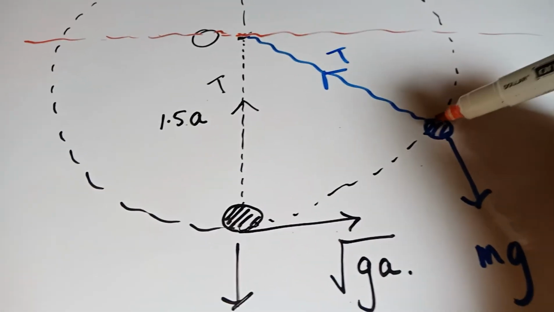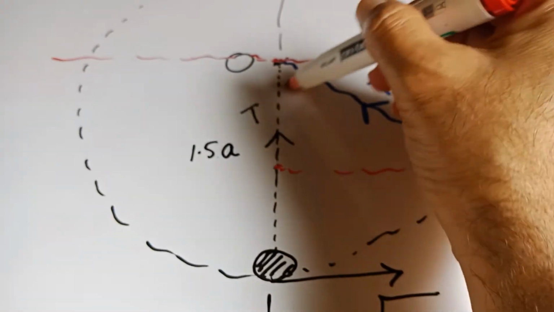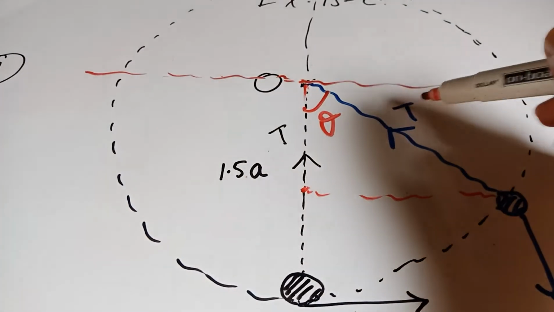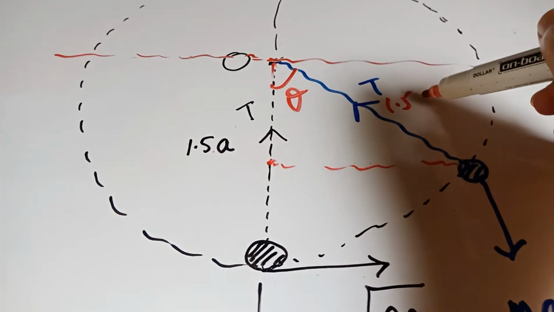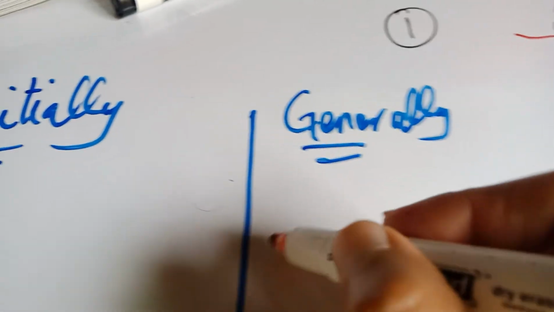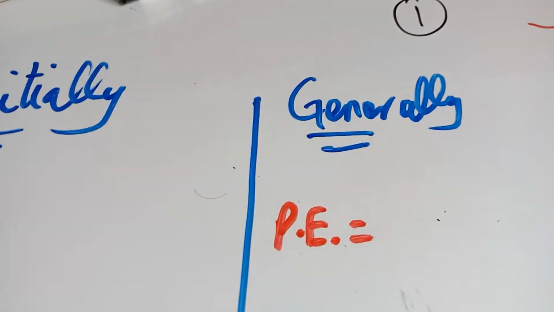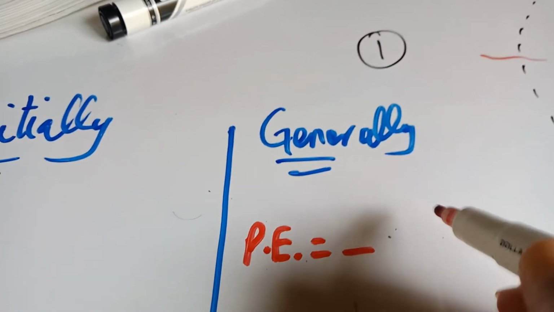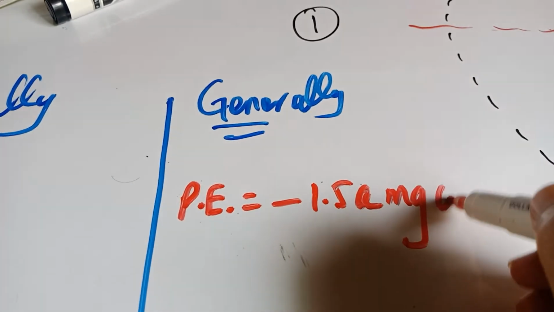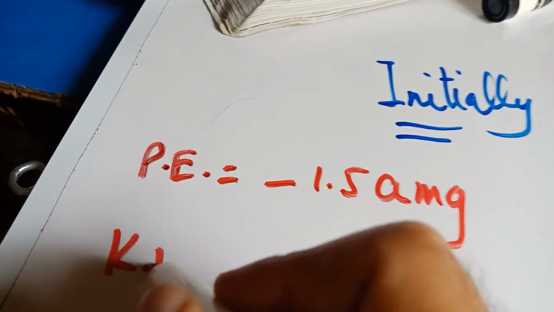And generally, if you look at this potential energy, you will have to determine this level over here. This angle is theta. If you take this radius as 1.5a, this length is going to be 1.5a cos theta. So generally the potential energy is going to be minus 1.5a mg cos theta.